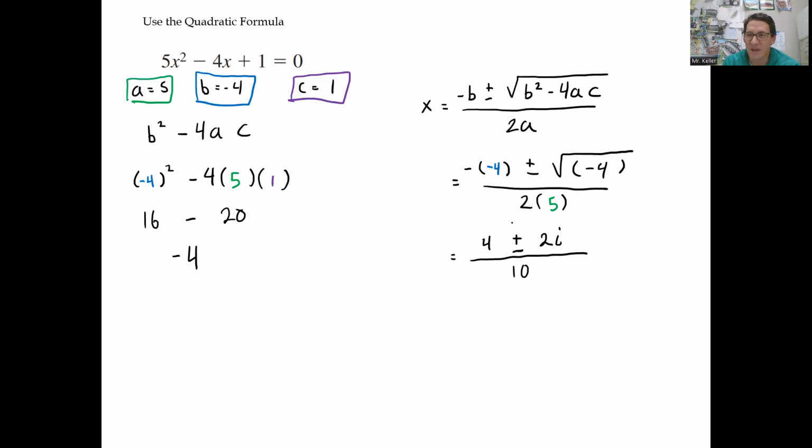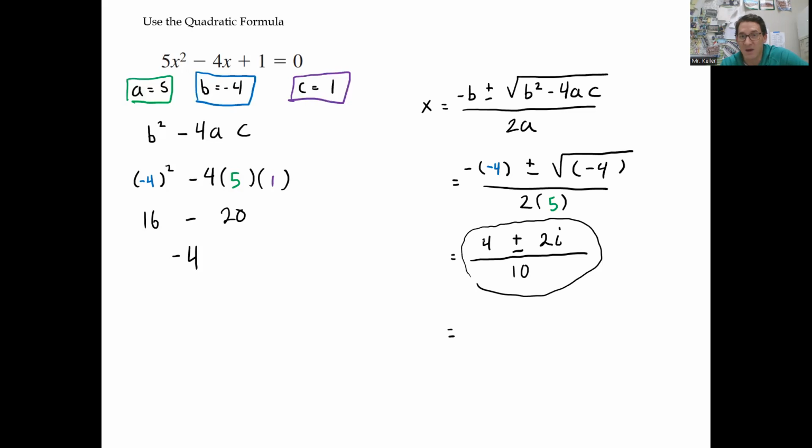If you left it like this, I'd actually be okay with it. This is an okay solution. We can simplify these since these all reduce. So 4, 2, and 10, I can reduce all of that by a factor of 2. I divide each of these three, and you can only reduce it like that if each of the terms divides by the same number.